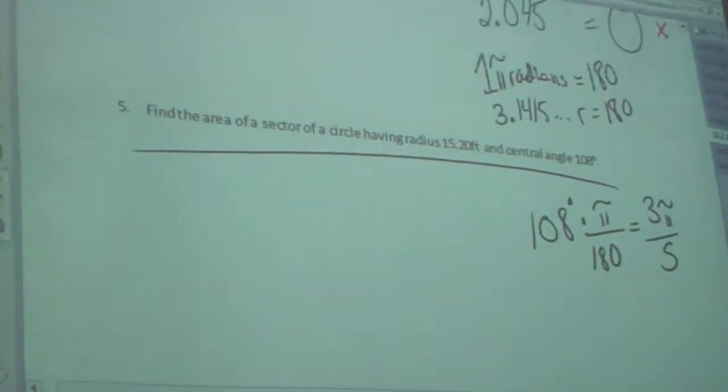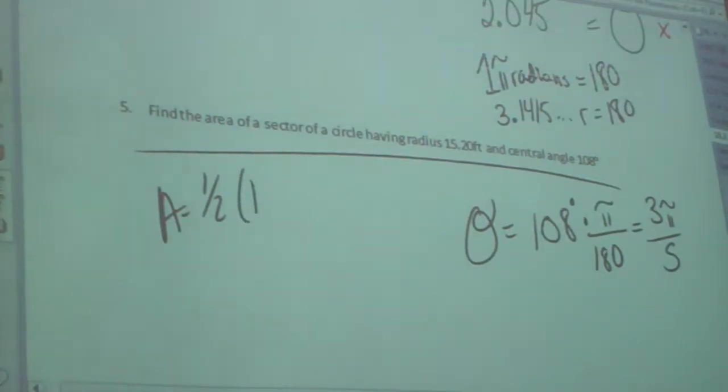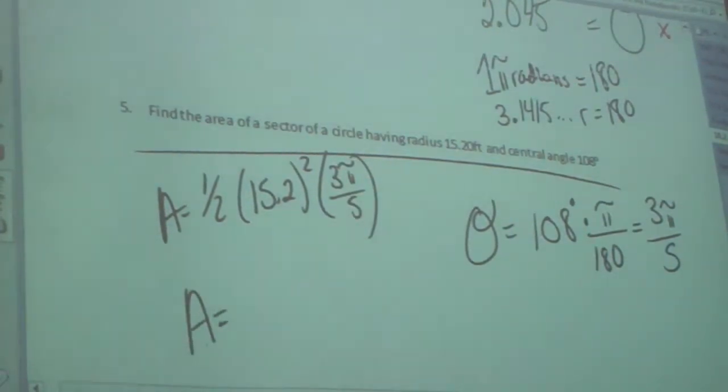So this is now our angle, 3/5 pi radians. We'll find our area by doing half times 15.2 squared times 3 pi over 5. What does the area end up being?